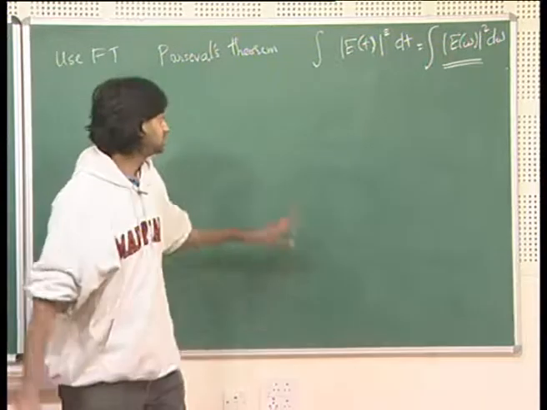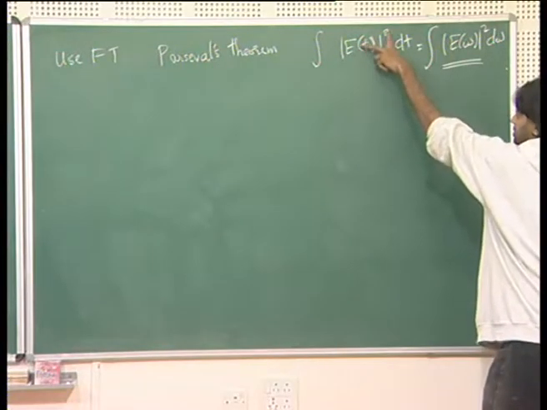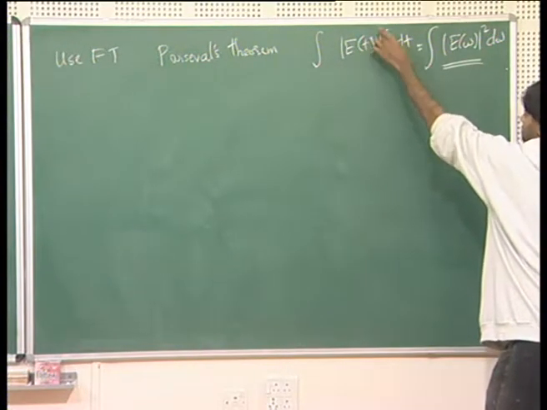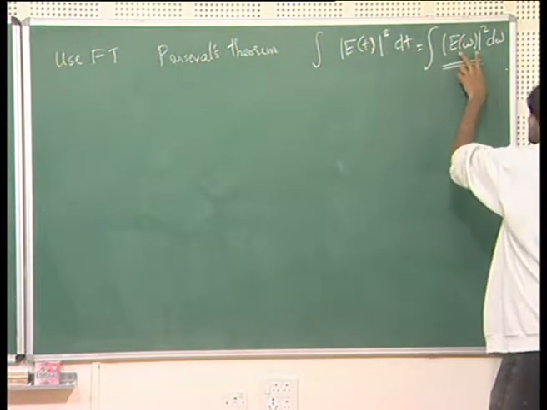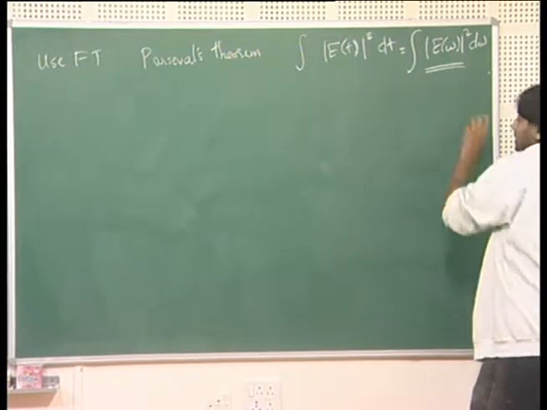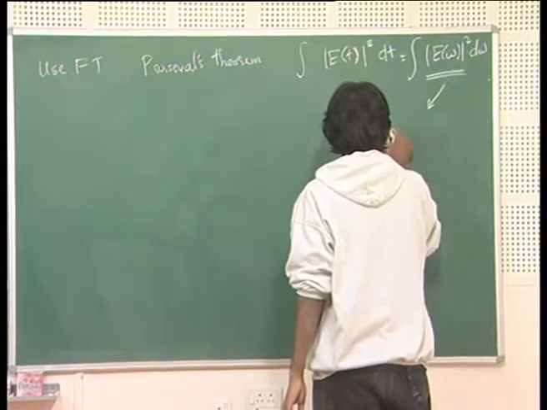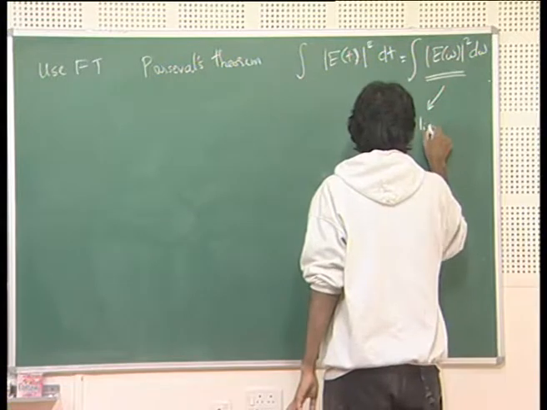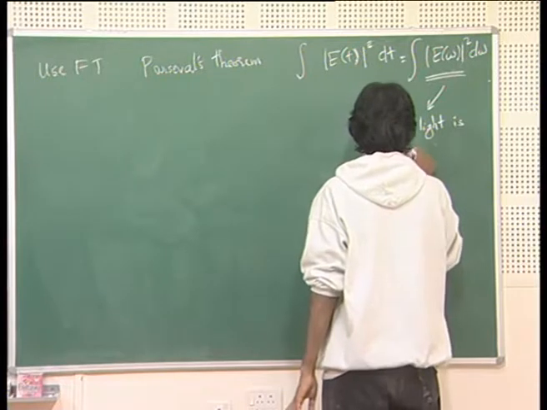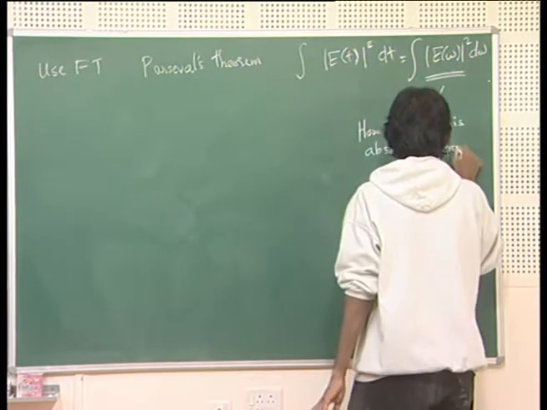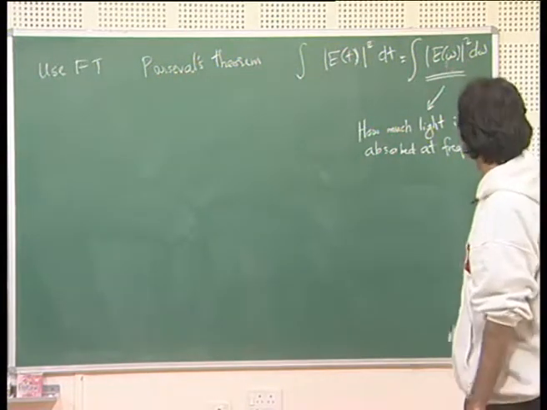This is how much of the intensity of the electric field is absorbed at time t, and the integral is related to how much light is absorbed at a particular frequency. So, E of omega squared is how much light is absorbed at frequency omega.